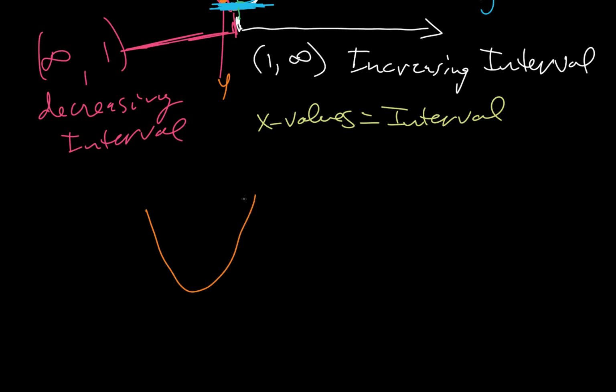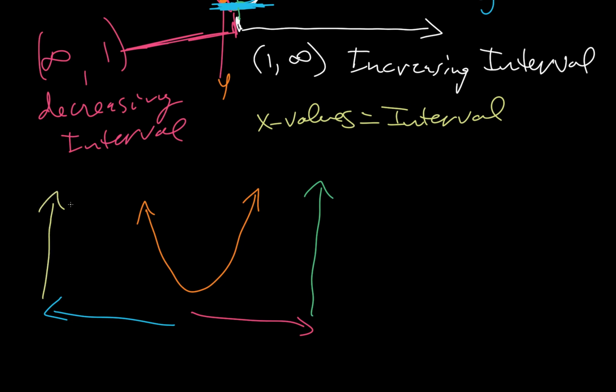So if we have just a parabola that looks like this, as we go to the right, I'm going to color code this actually, our parabola goes up. As we go to the left, our parabola also goes up.